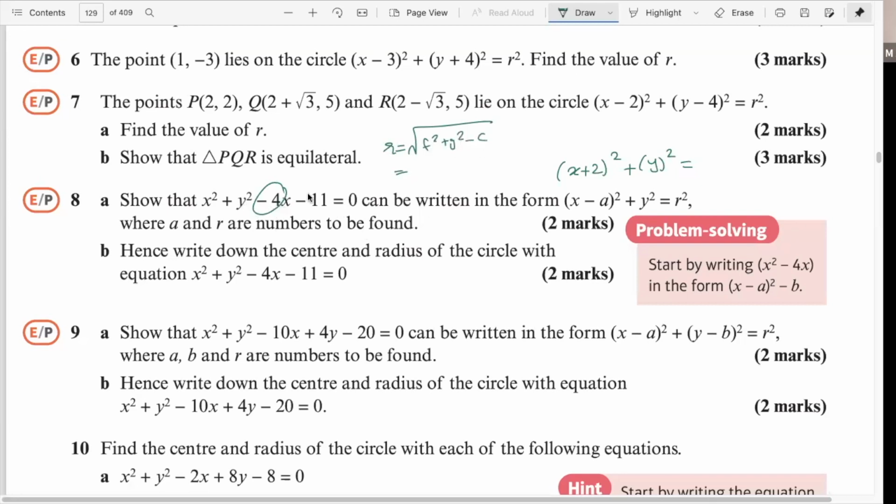Value of f is 2 squared. There is no value for g, which is 0 because we don't have anything in y. And minus into minus 11 squared. So 2 squared is 4 plus 11, 11 and 4 is 15. So radius is square root 15. This is your equation.